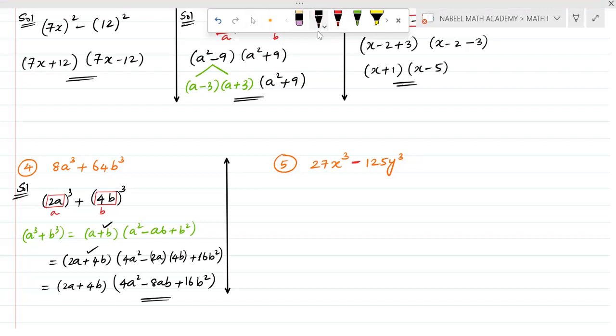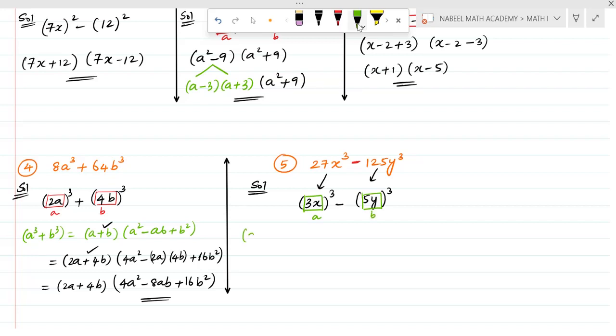Yeah. Now I will use the same rule. So it is power 3. So how will you write this one? It is 3x power 3 minus 5y power 3. So as per this one, I can go with this rule. This is a and this is b.